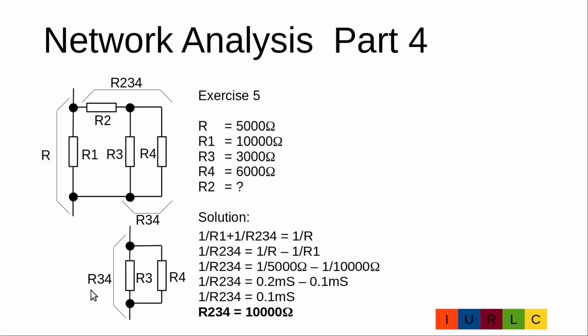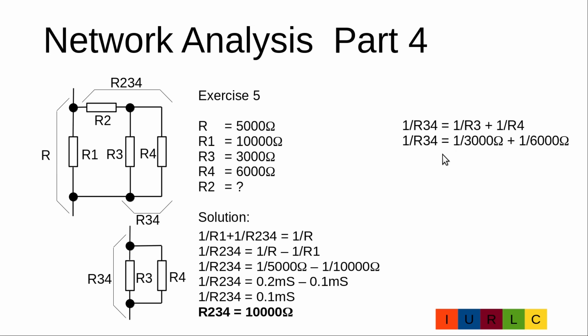R34. Then we have this parallel circuit, total resistance R34 with R3 and R4 in parallel. 1 divided by R34 is 1 divided by R3 plus 1 divided by R4.